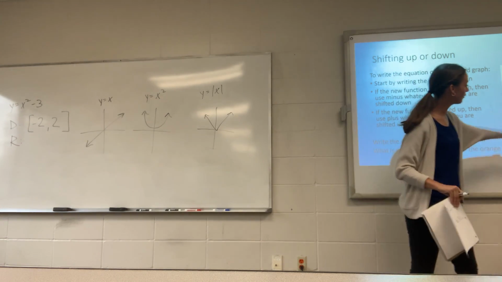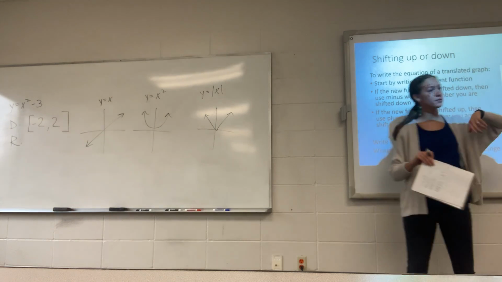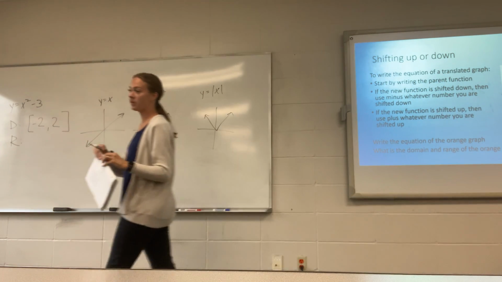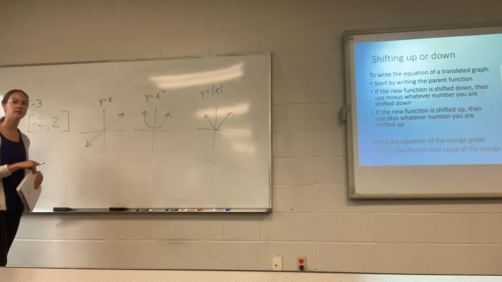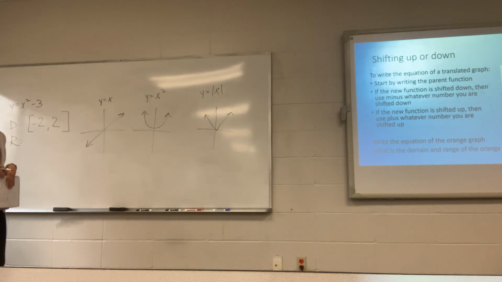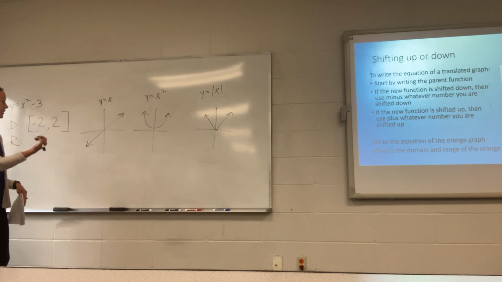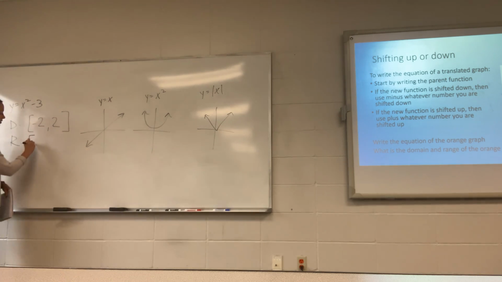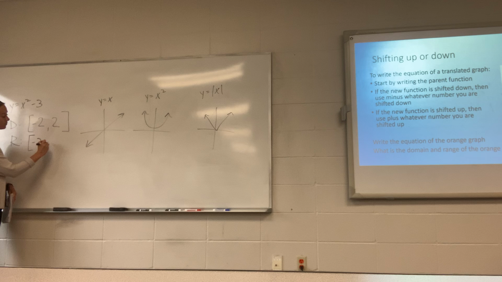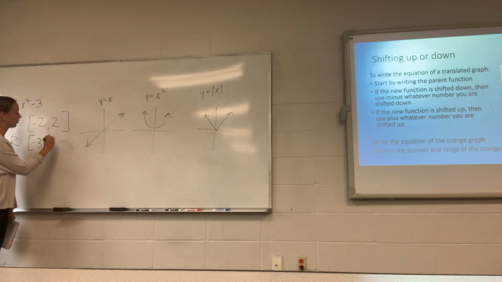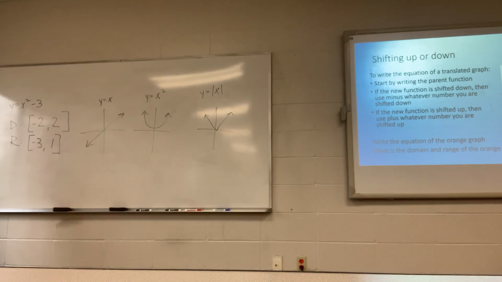Yeah, so I'm going from negative 3 up to positive 1. And do you think I want brackets or parentheses? Yep, because they're filled in points. So I would want to go from negative 3, so the bottom, up to positive 1. Okay? So that's for the orange graph.